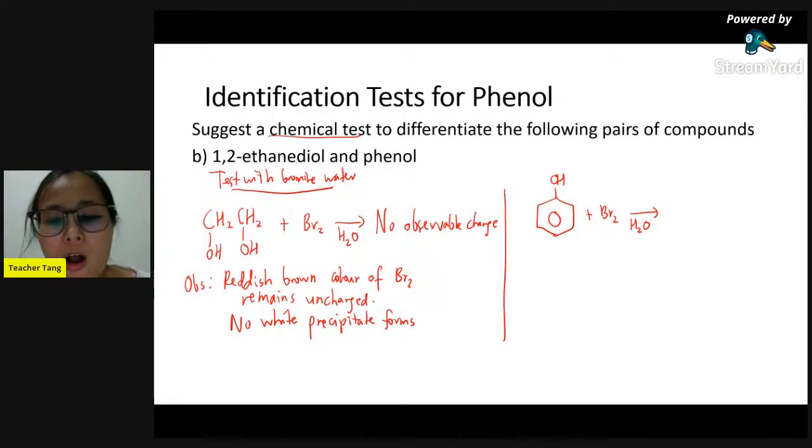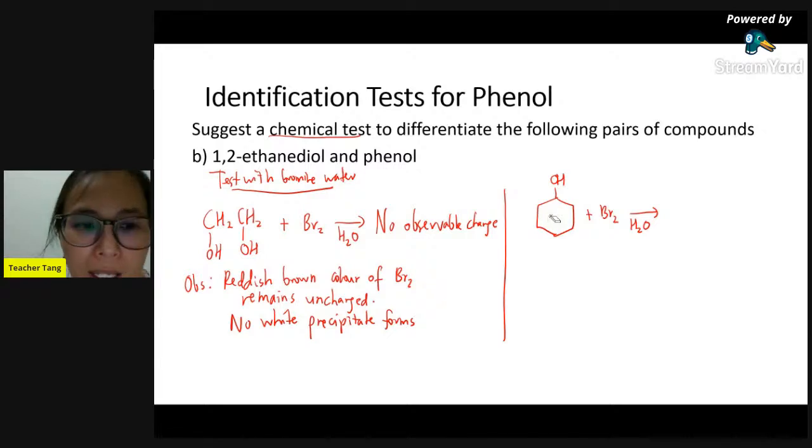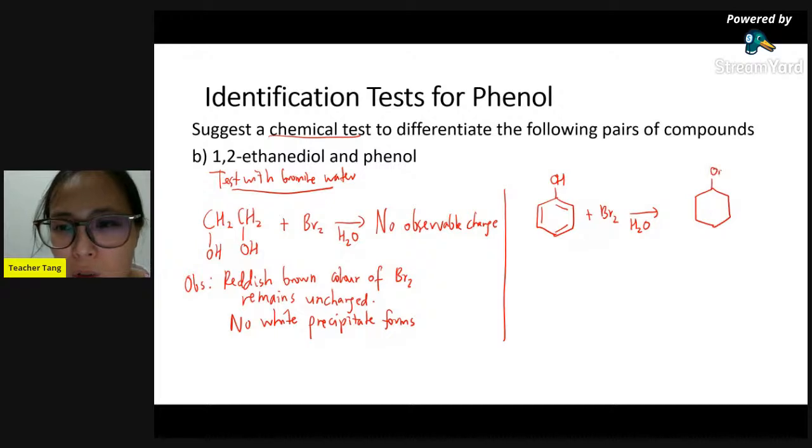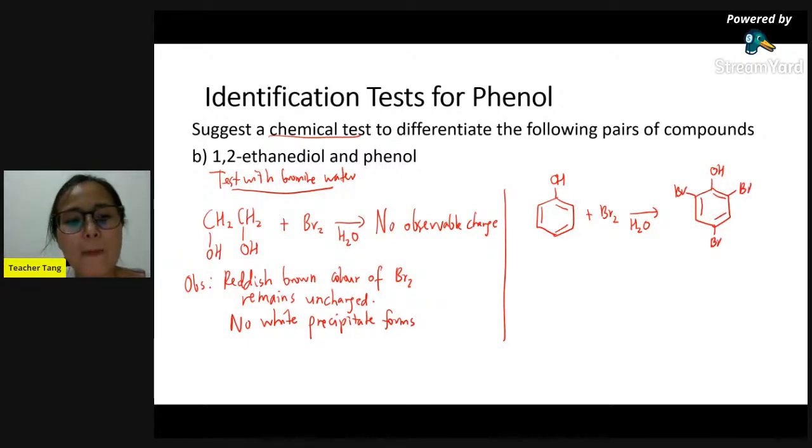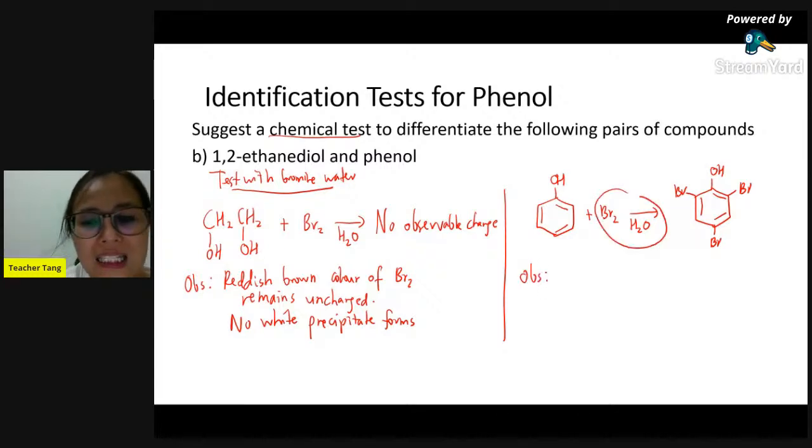How about phenol? For phenol, remember it can react at the 2,4,6 positions to give you 2,4,6-tribromophenol, and this 2,4,6-tribromophenol is the white precipitate. So now the bromine water has reacted and become bromide here, which means it is no longer reddish brown.